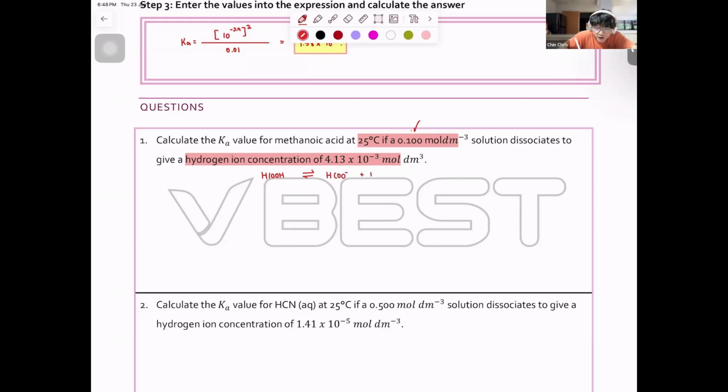HCOO minus plus H plus. Then, guys, the Ka equation. Plug in the value and get me the answer.